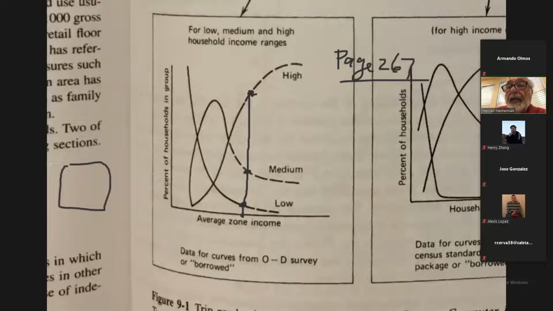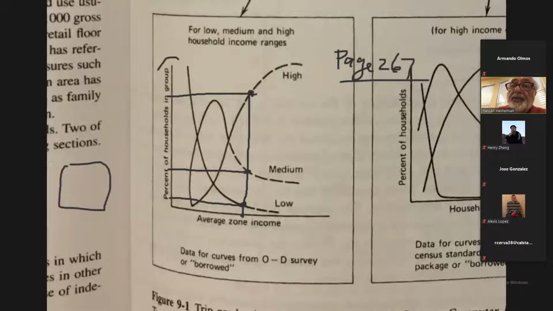So what do we do with that? We go across and find the percent of households in that group. We like to know what percentage of the people are in the low income, what percentage are in the medium income, and what percentage are in the high income in that zone.